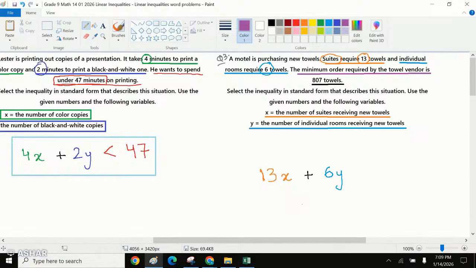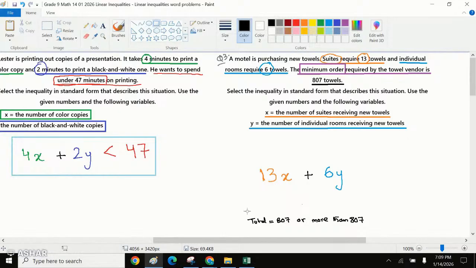What is most important for us over here is the minimum order. The term used is minimum, right? So that means it can be 807 or more than 807, right? I'll write down, it could be 807 or more than 807, right?